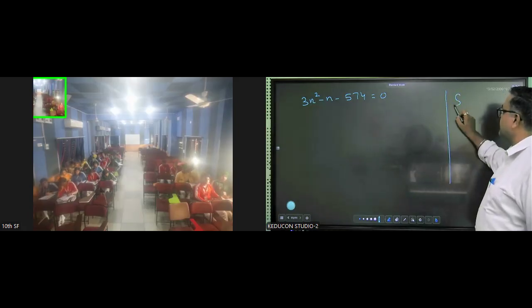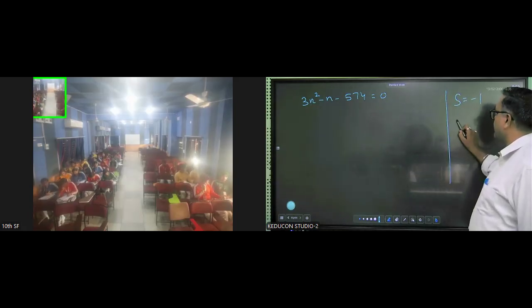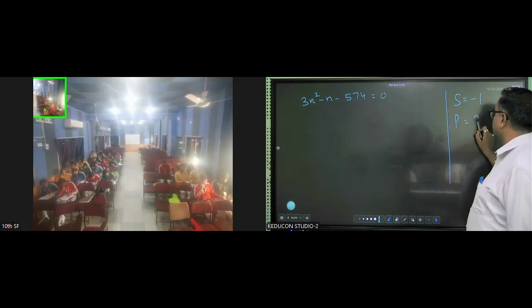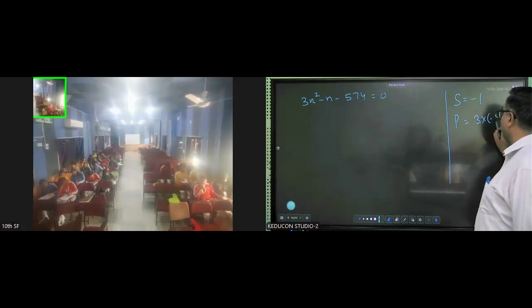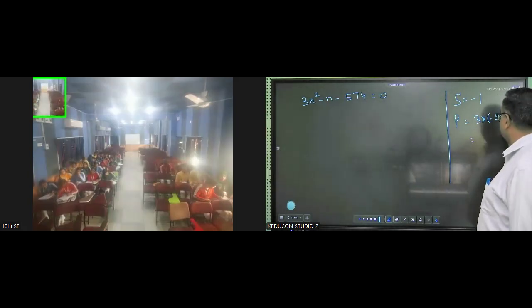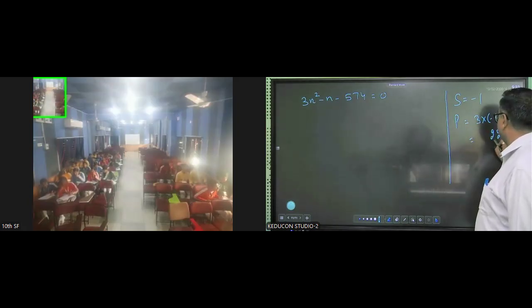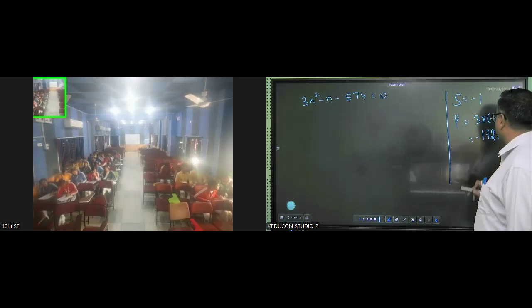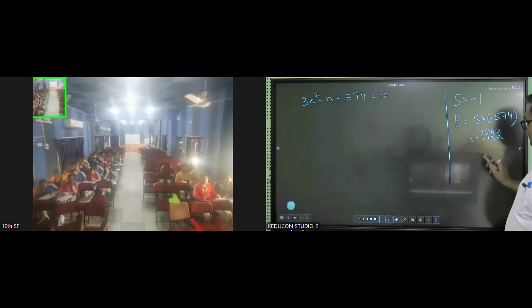So you have to make the factors. Now what should be the sum? It should be minus 1. What should be the product? 3 into minus 574. Right, students? So if you make the factors, this will become minus 1722. Make the prime factors of this.